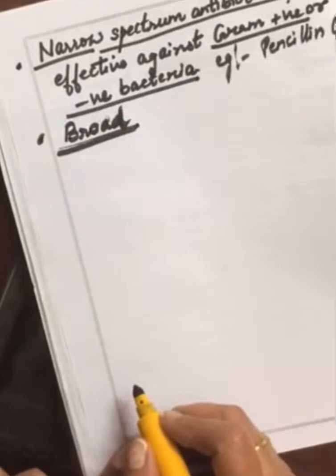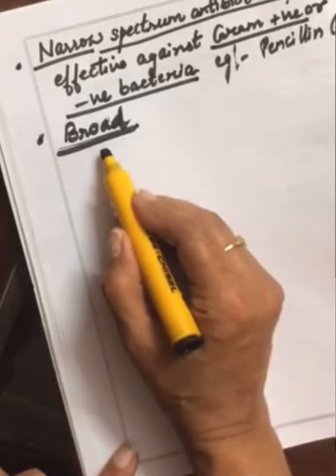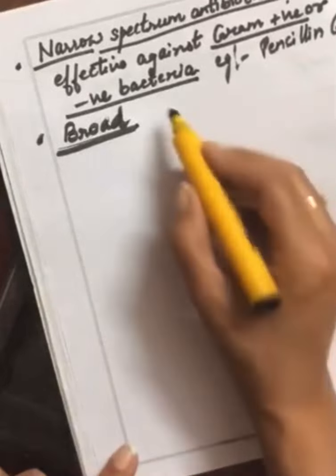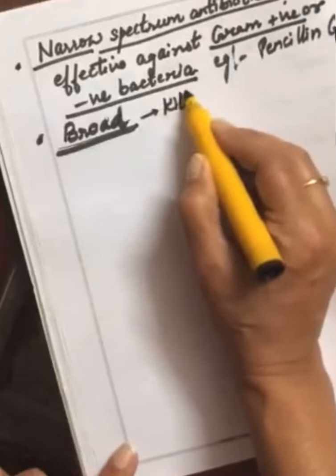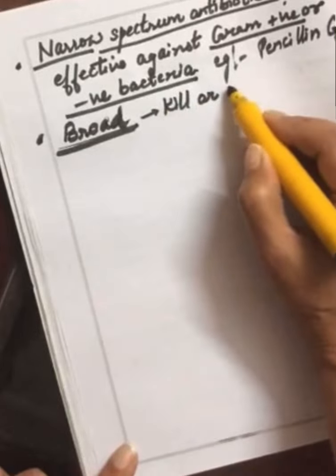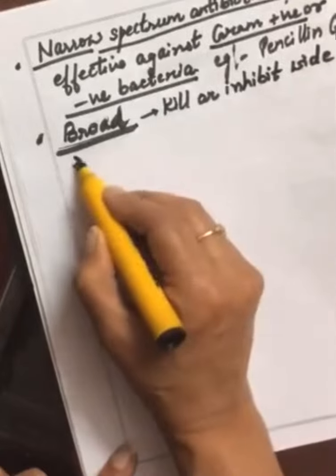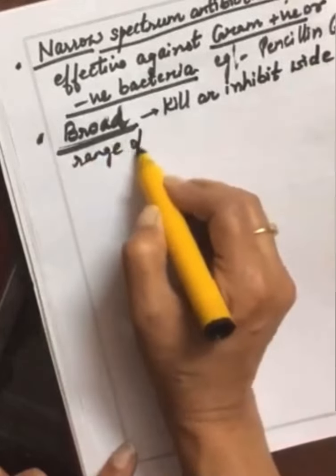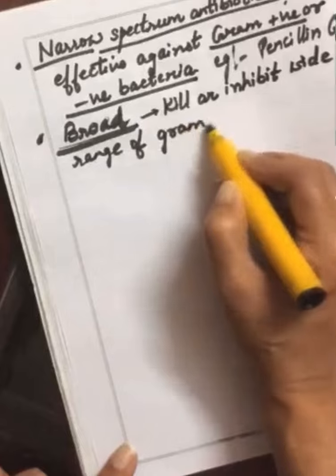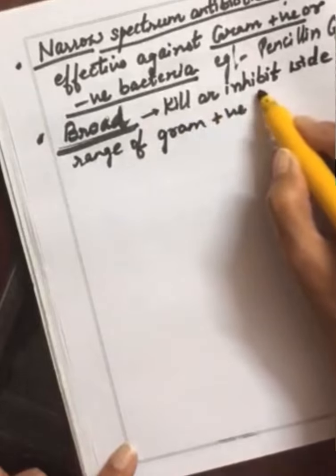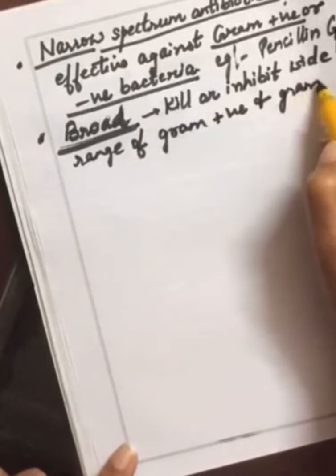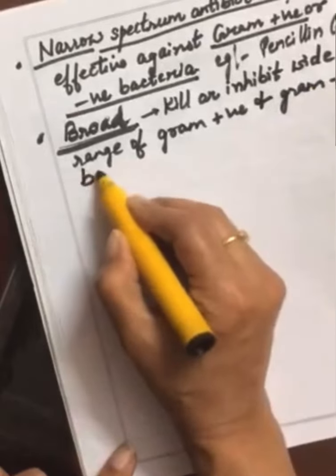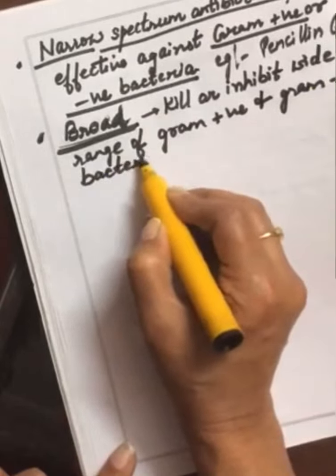Now come to the second type, broad spectrum antibiotics. As it is clear from the name, their spectrum is broad. So they either kill or inhibit a wide range of gram positive as well as gram negative bacteria.